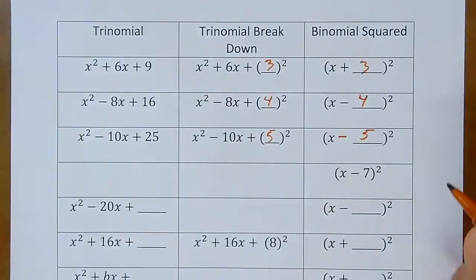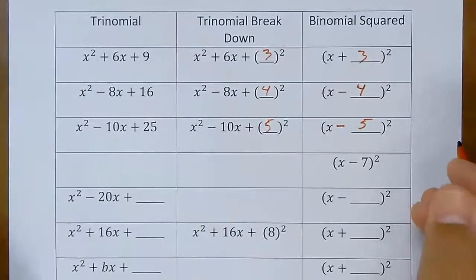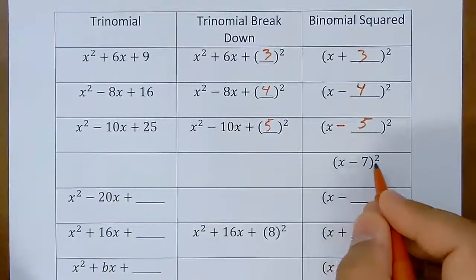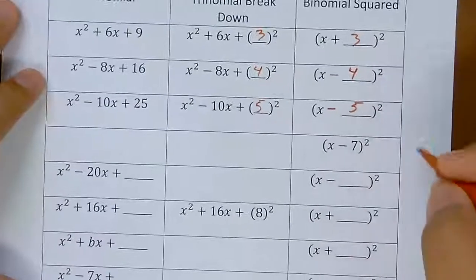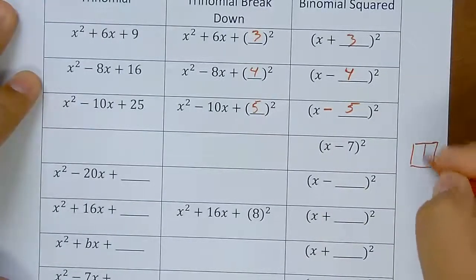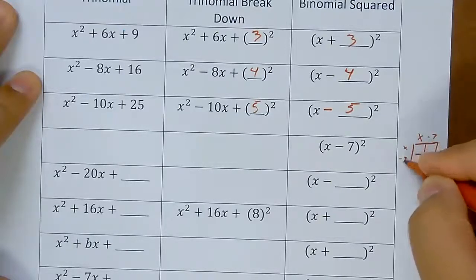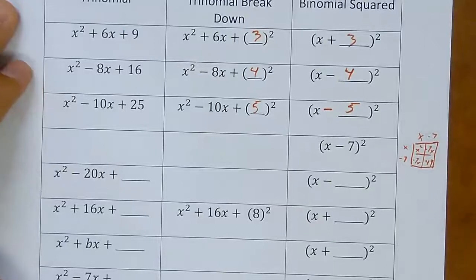Okay. Now let's start going the other way just so we can start seeing this relationship. We know that x minus 7 squared, we can expand that out with the box if we need to. We'll just do a quick box off to the side here. x, negative 7, x, negative 7. We have x squared, negative 7x, negative 7x, and 49.